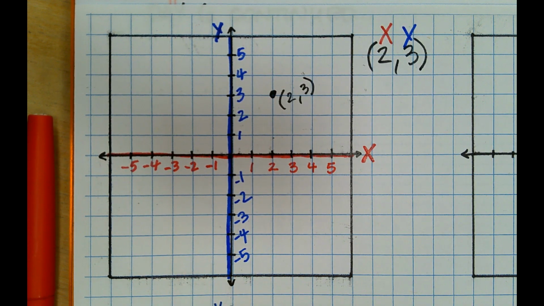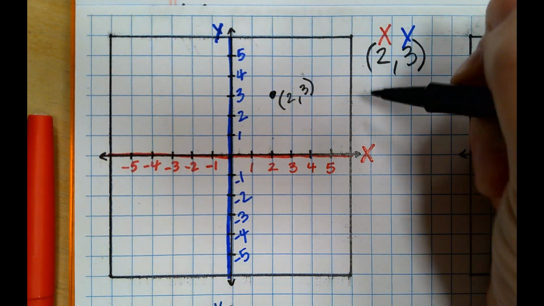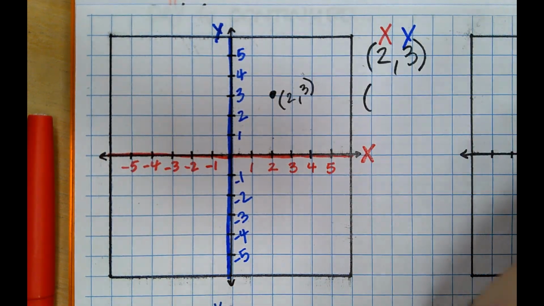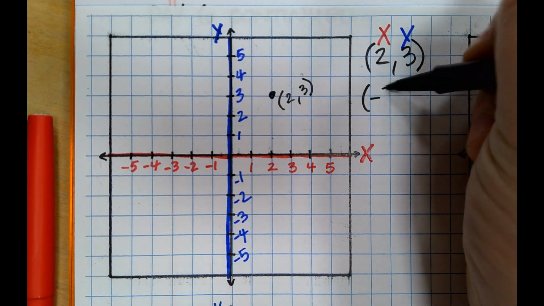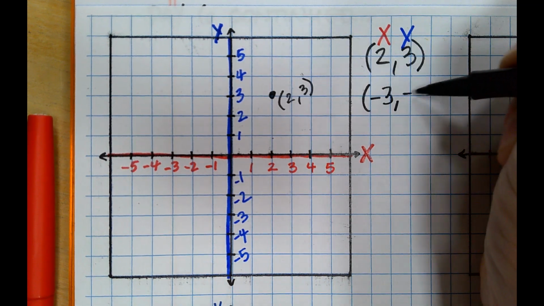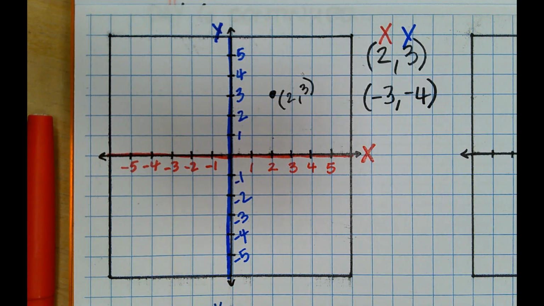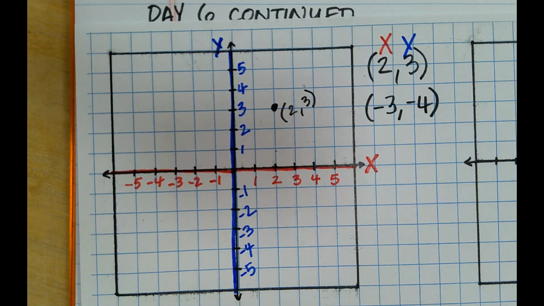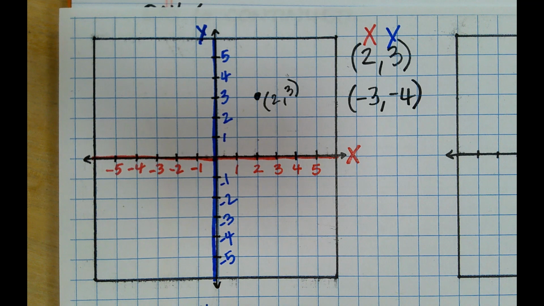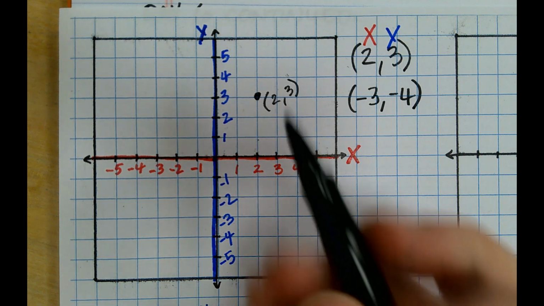Okay. Let's plot another point. How about we try -3, -4? So in this new point, -3, -4, which number is my x value? -3. -3, perfect.